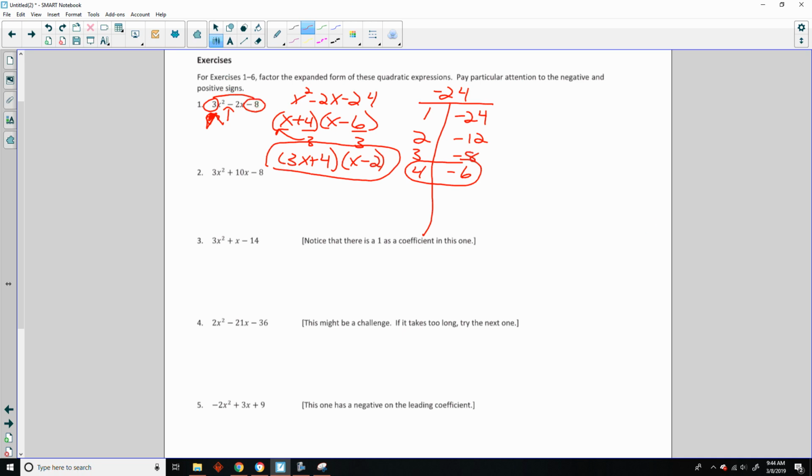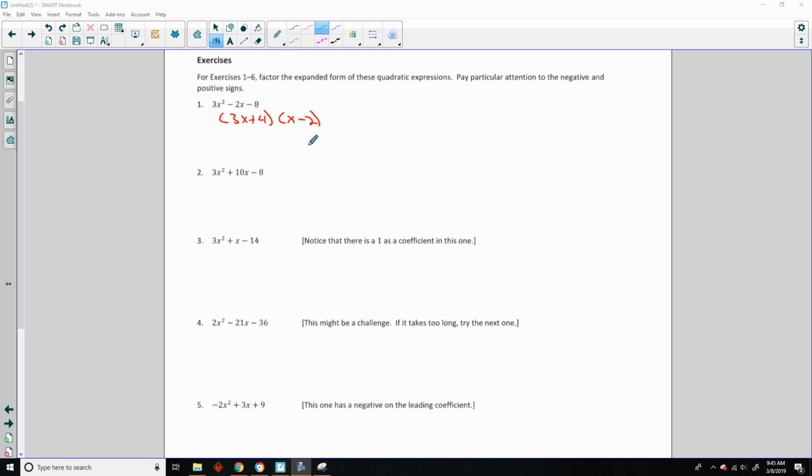Okay, number 2. Beats method. Take the 3 times the negative 8. I'm looking for factors of negative 24 again. The middle term this time is positive, which means the bigger number is going to be positive, so the smaller is going to be negative.